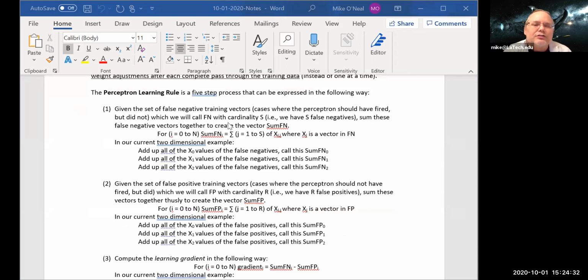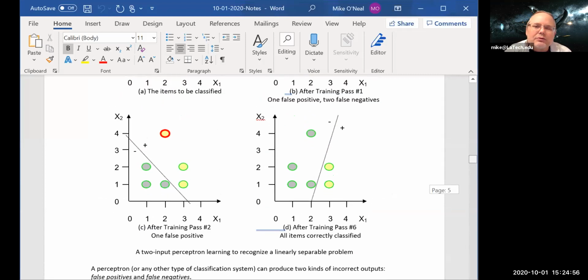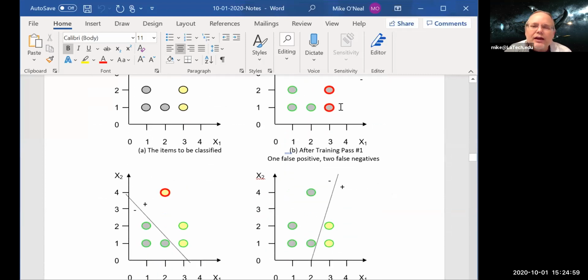So essentially what you're going to do is you're going to go through all of your training cases that are false negatives, and you are going to add them together component-wise. Okay? So we had 2 false negatives, right? We had 3,1 and 3,2. Those were our false negatives.